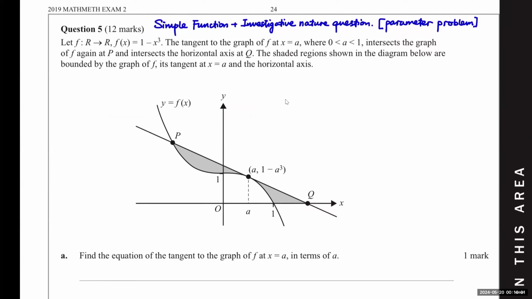We are now using a simple function and some sort of investigative approach to go through these questions. Typically, this sort of question towards the end of the paper would have some parameter involved. In this case, it involves the tangent at x equals to a, all right, where a is between 0 and 1. So this is the main item we are analyzing upon.